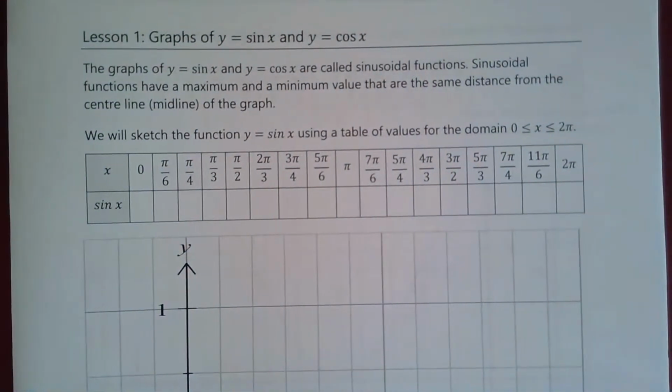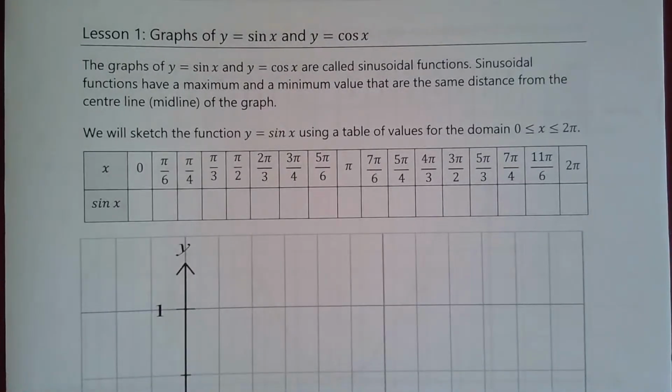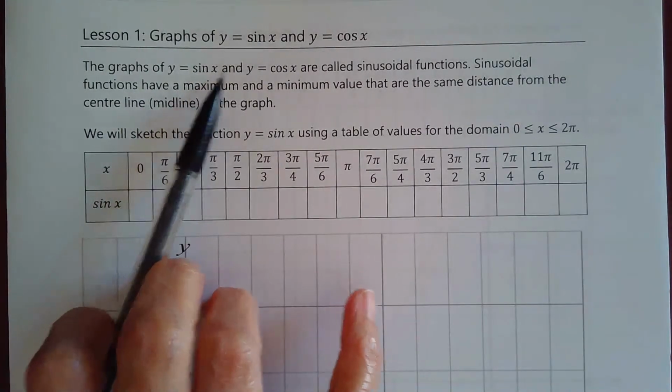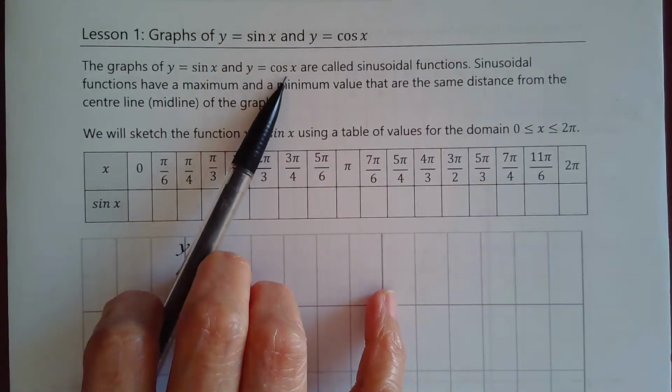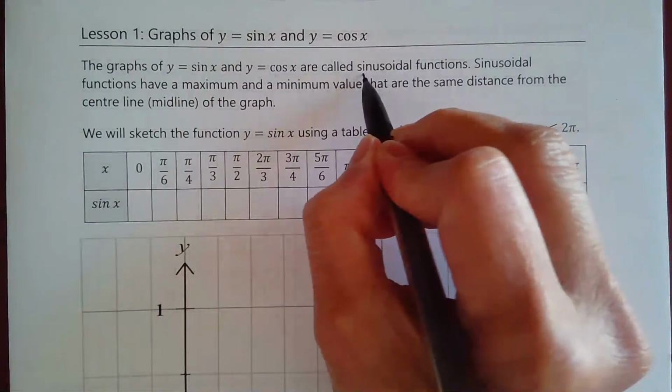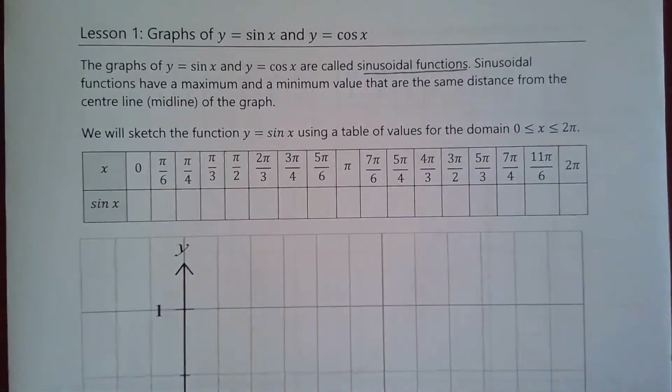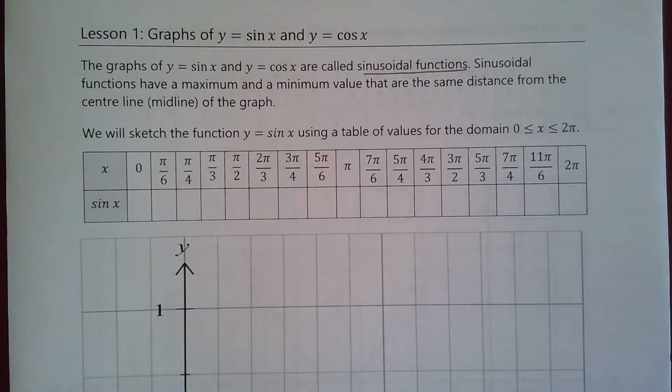So our main purpose for today is to see what the graph would look like. The graphs of y equals sine of x and y equals cosine of x are called sinusoidal functions. A sinusoidal function is a smooth curve that fluctuates up and down.